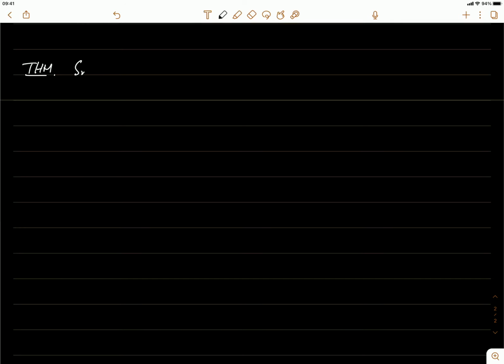Okay? Suppose we have some invertible T, then we can claim that if you perturb this T a little bit, say T minus A, perturb it by A, then it is still invertible as long as A is not too large.